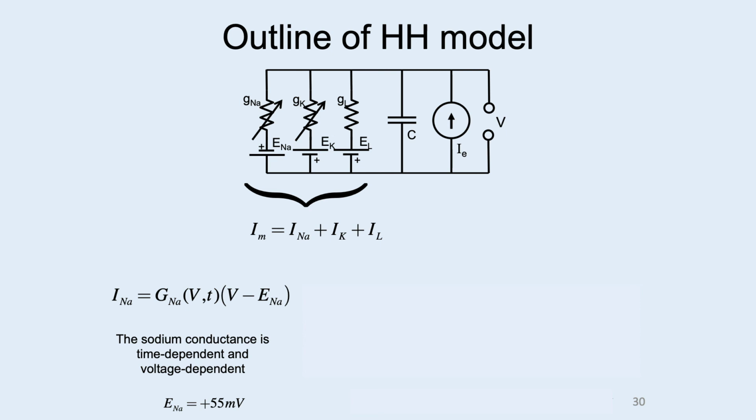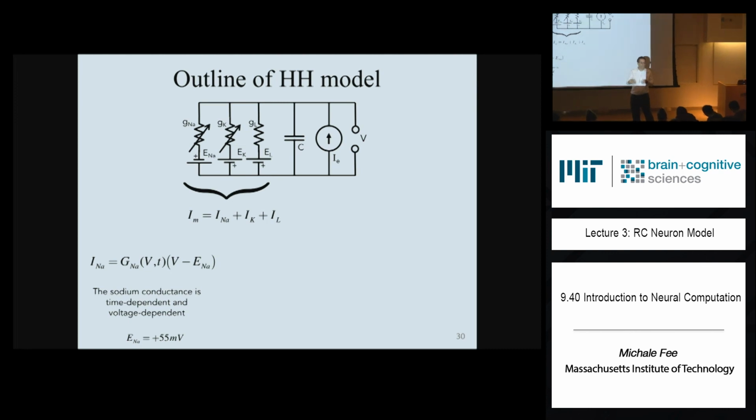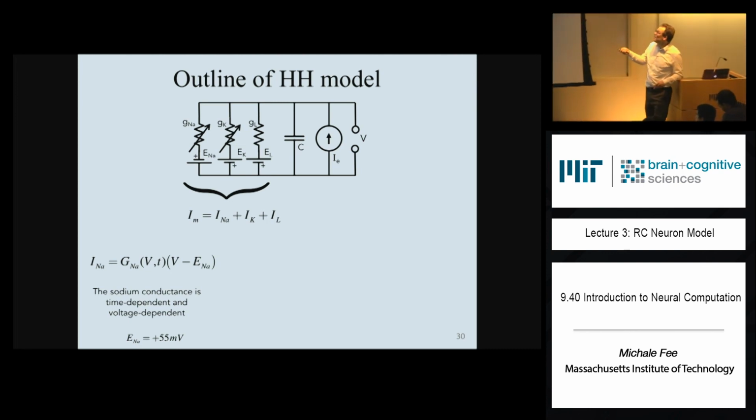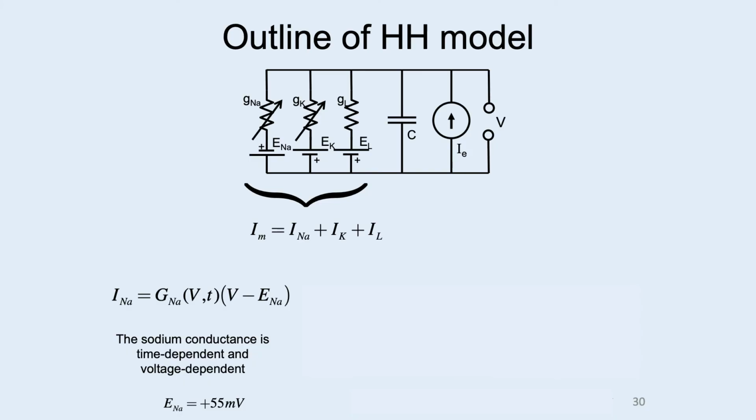The driving potential for sodium. But the sodium conductance now is voltage and time dependent. And it's that voltage and time dependence that gives sodium channels the properties that they need to generate action potentials. It's just analogous to what we already did before for the potassium conductance.